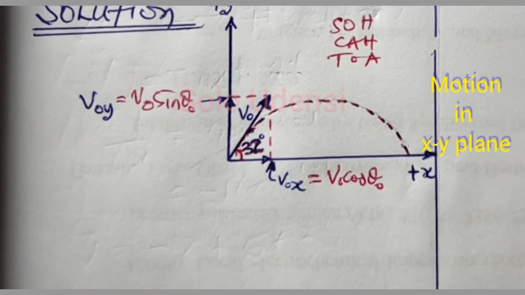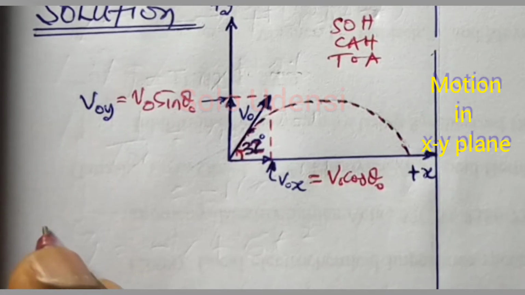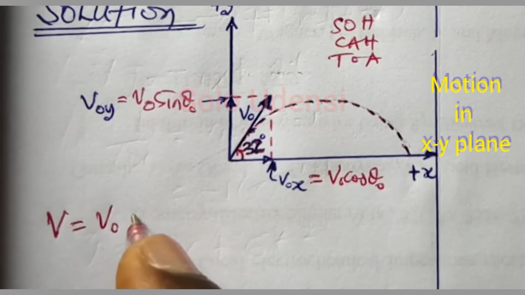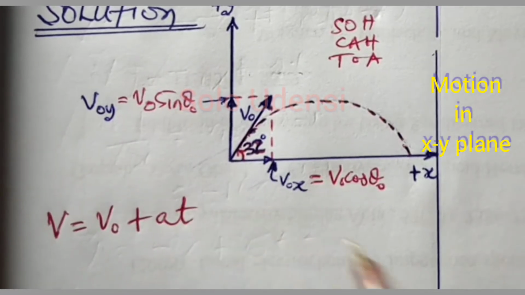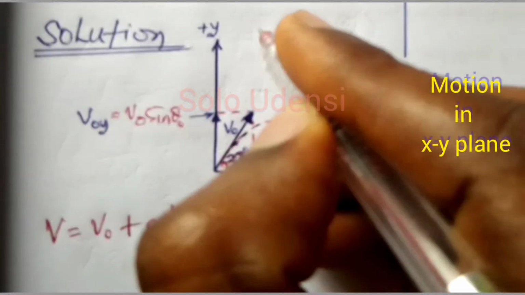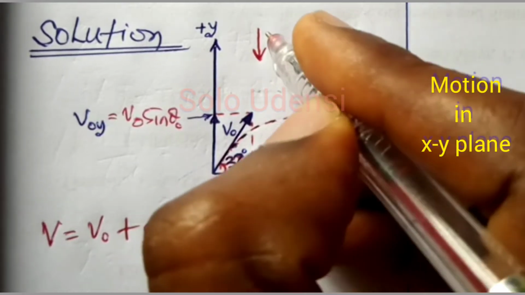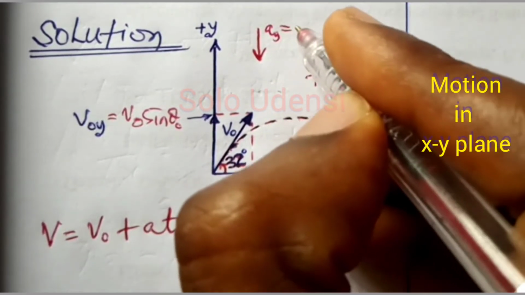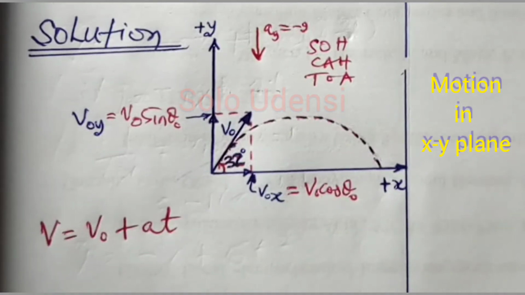So what we are going to do is to use this formula: v is equal to v naught plus at. First of all, you should know that acceleration due to gravity acts downwards. So our a y, because it's along the y-axis, is equal to minus g.